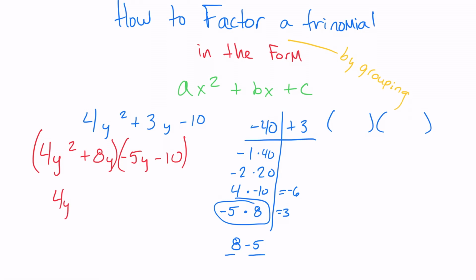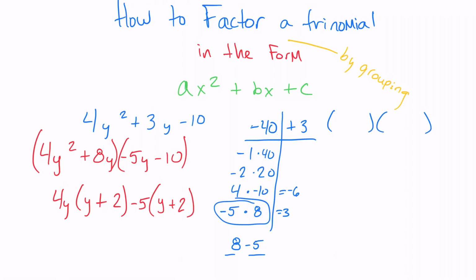If I do that, I have 4y left on the outside of my binomial, and on the inside I will have a y, because 4y times y is 4y squared, and I will also have a 2, because 4y times 2 is 8y. On the right, this binomial here, both of these terms share a negative 5, so I can take a negative 5 out. And if I do that, what I'm left with inside is y, because negative 5 times y is negative 5y, plus 2, because negative 5 times 2 is negative 10.